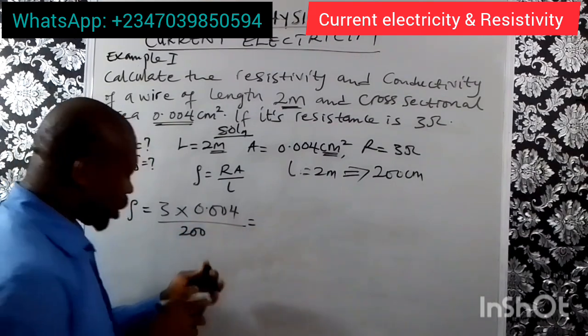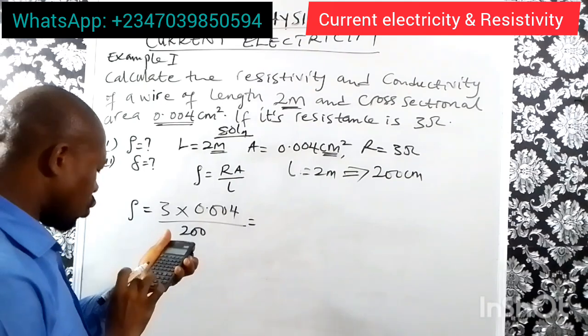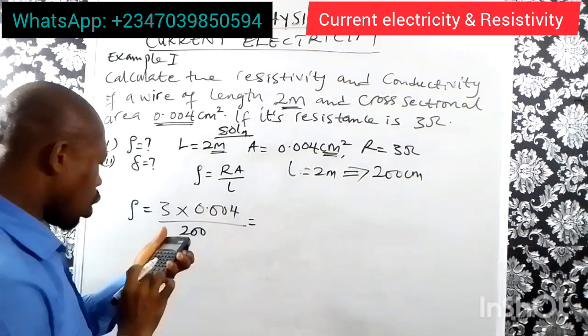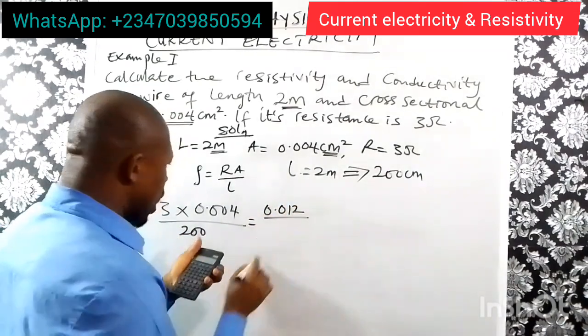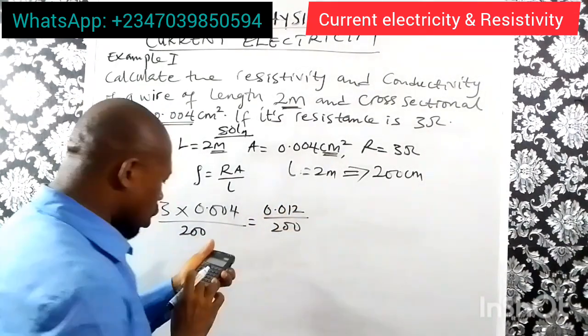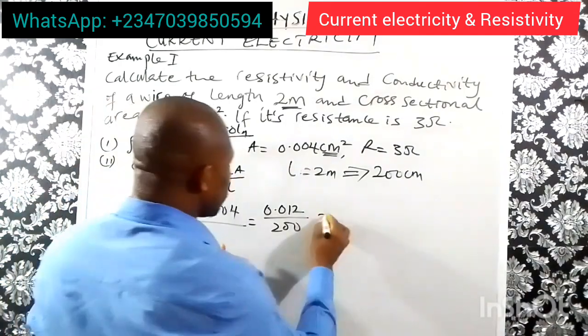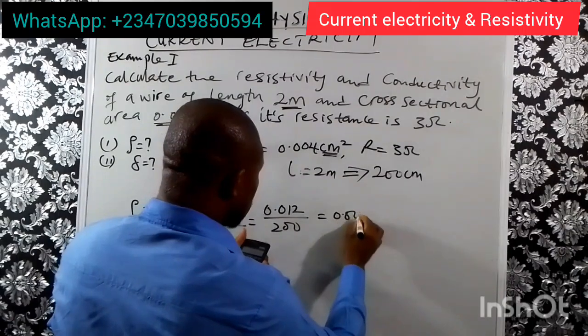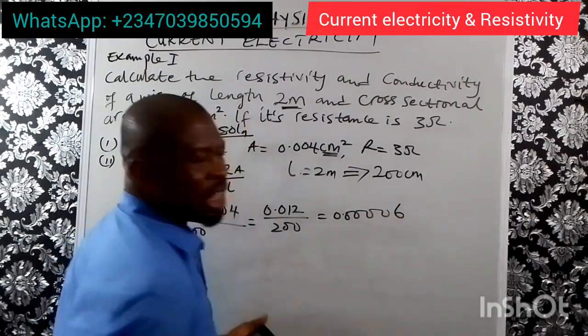So if we multiply out, we have 3 times 0.004, which will give us 0.012 all over 200. Now 0.012 over 200 will give me 0.00006, 4 zeros before 6.